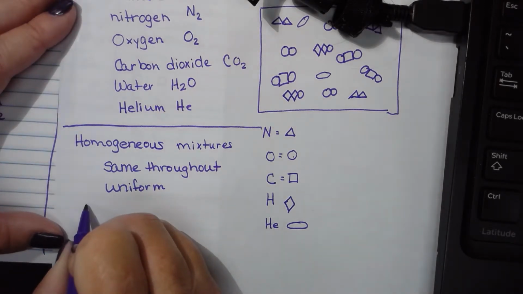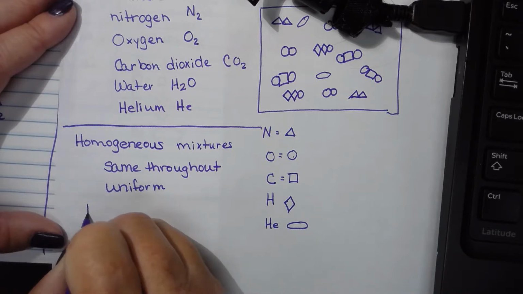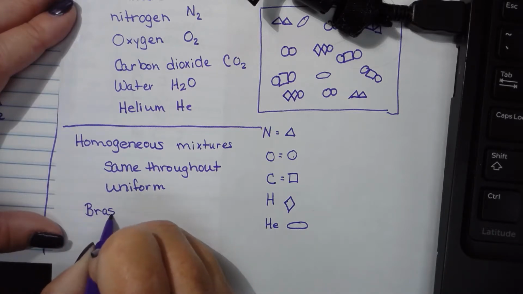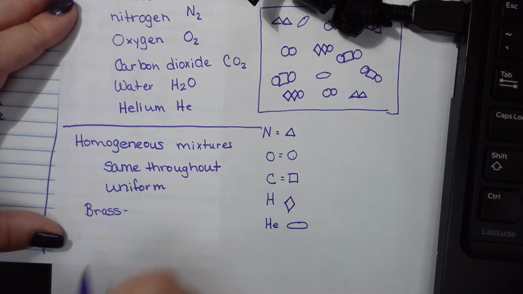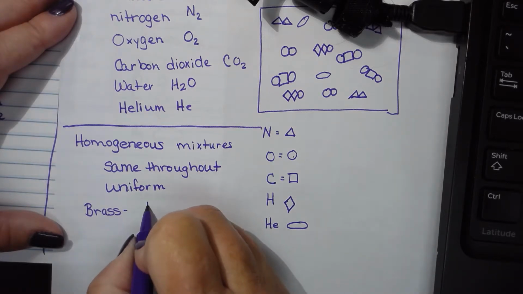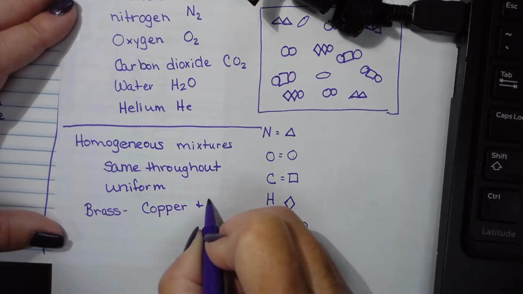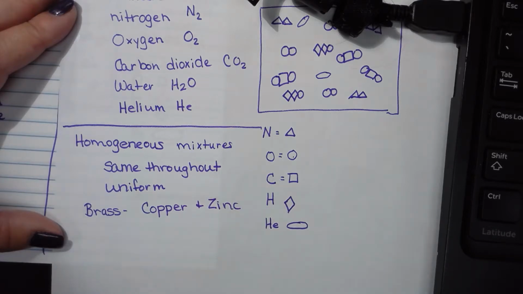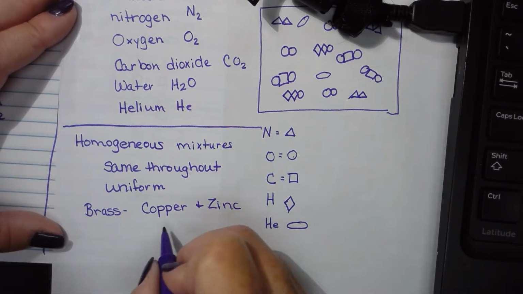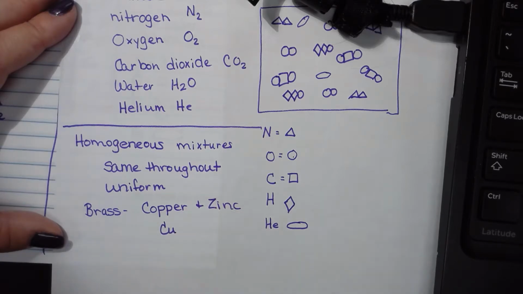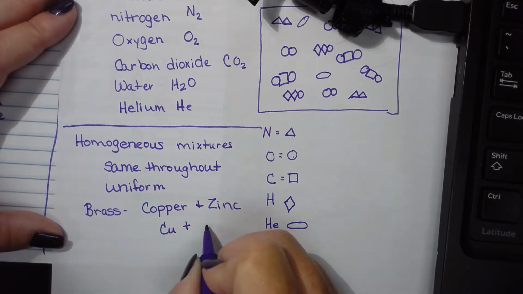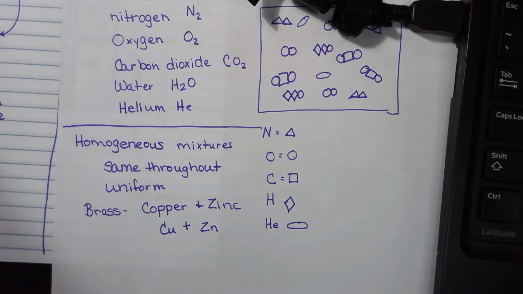Let's do brass, because brass is not an element. It's a combination of copper atoms and zinc atoms. If I wrote this with formulas, I would do Cu, that's copper, and Zn, zinc. I would not put CuZn together because that would tell me they're bonded together, and that would make me think it's a compound, not a mixture.